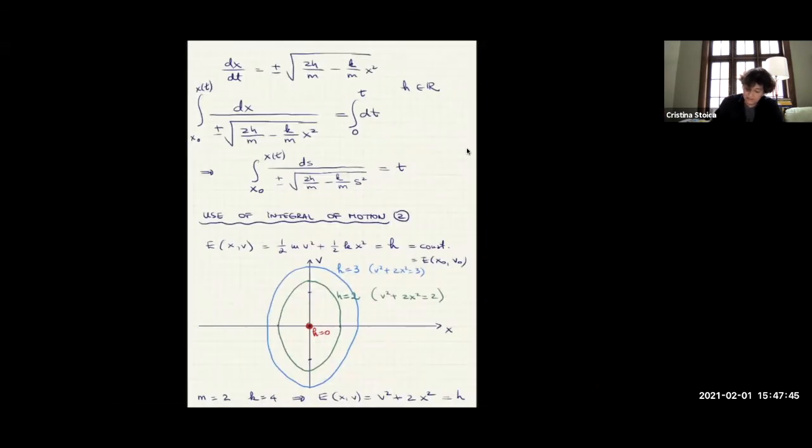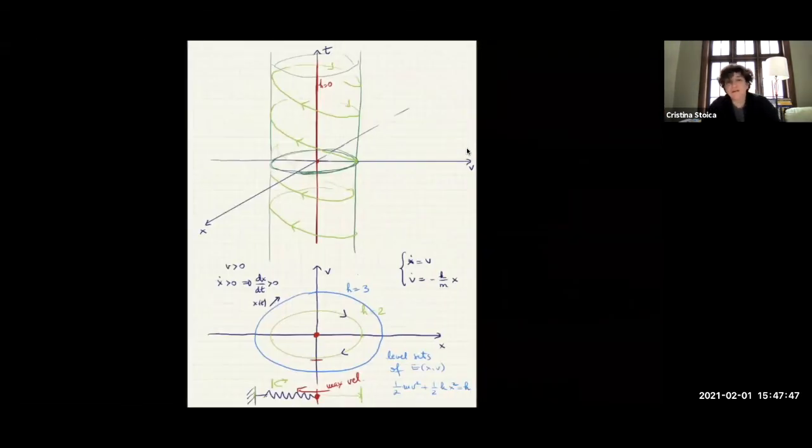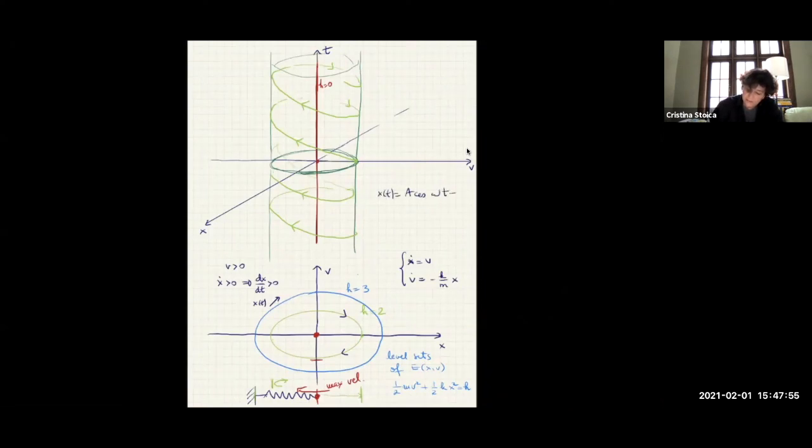And you can see this is a completely different way to look at the set of solutions. Compare it with x of t equals a cos omega t plus phi naught. Which one is more interesting? I would think that the drawing is more interesting. I always like drawings, maybe it's just my preference, rather than seeing a formula that doesn't talk to me.